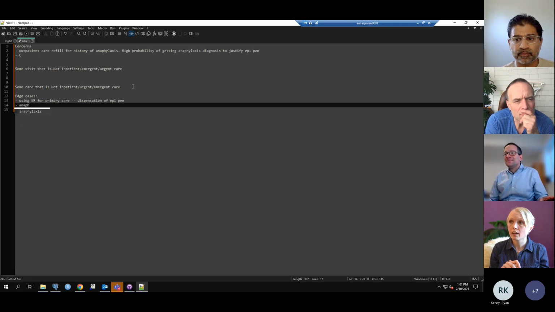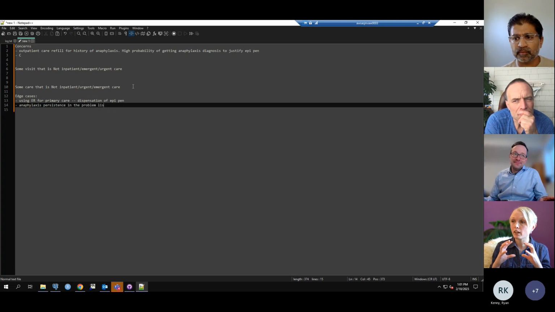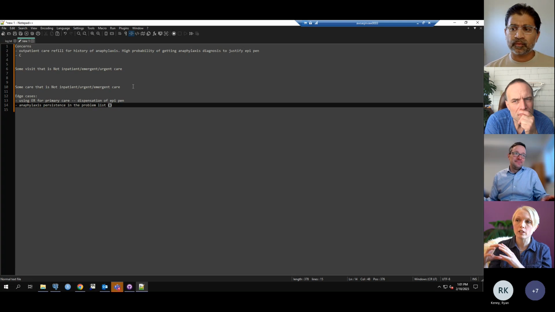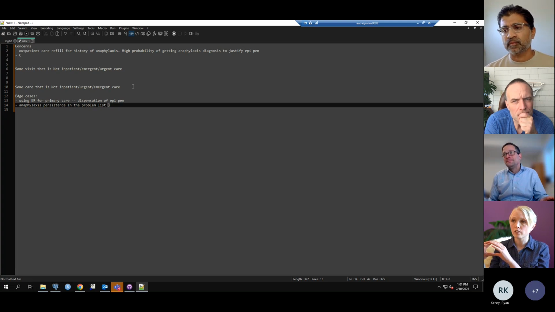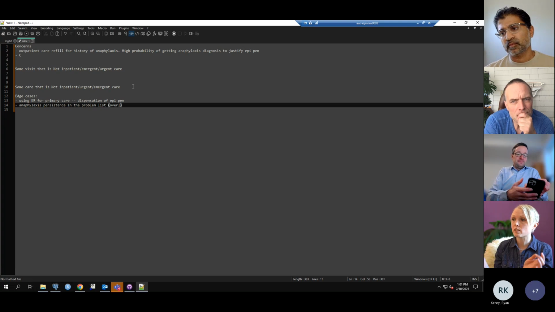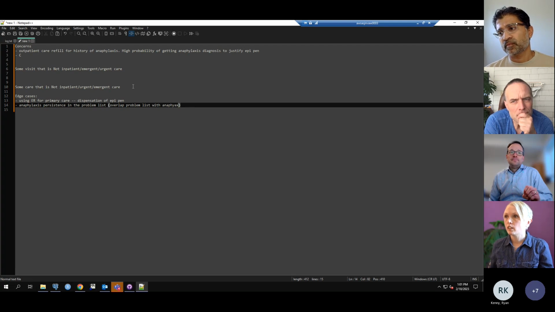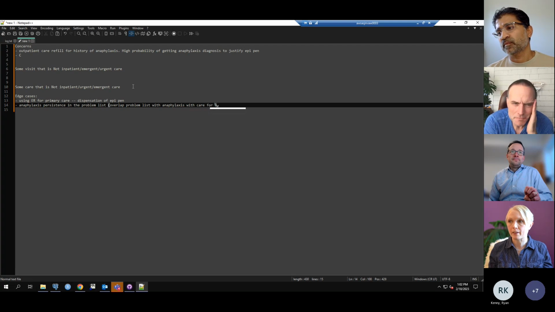So if someone has been diagnosed with anaphylaxis and that has made its way from an encounter or a billed diagnosis onto a patient's permanent problem list, you can have overlap of the problem list with an emergency visit for something else where epinephrine is also administered, like cardiac arrest. And so if we are looking for someone who has a persistent diagnosis of anaphylaxis and receives epinephrine in an emergency visit, we might be overcounting there.